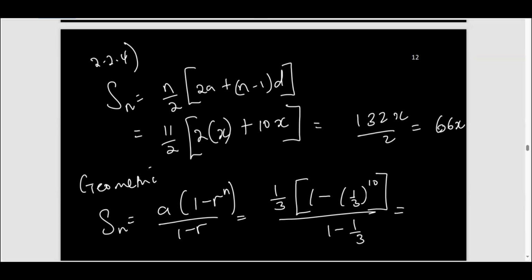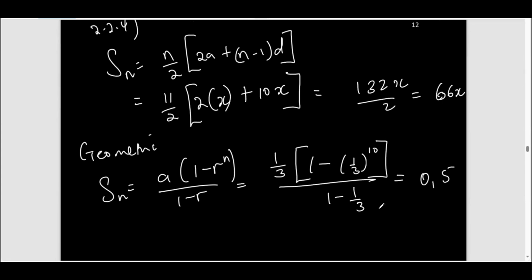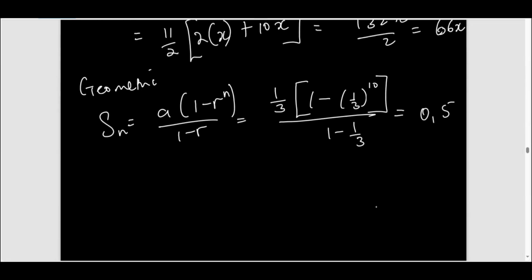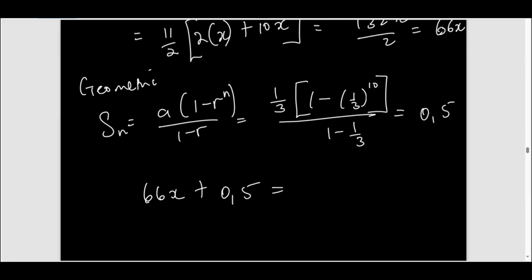Okay, what are we getting? We're getting 0.4999999 and so on. So I'll just round it off to 0.5. So if I sum the two, which is now 66x plus 0.5, it must give me the final answer of 33.5. Okay.